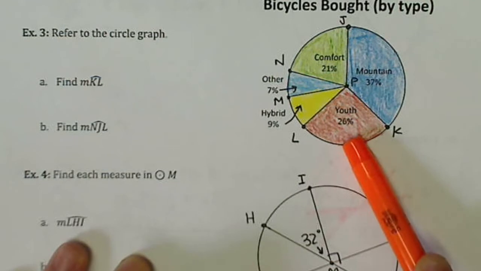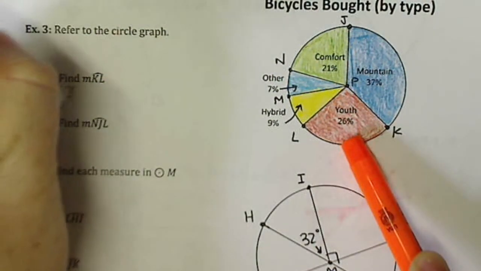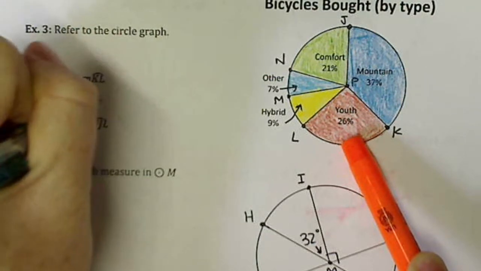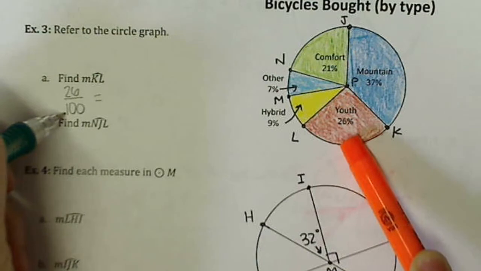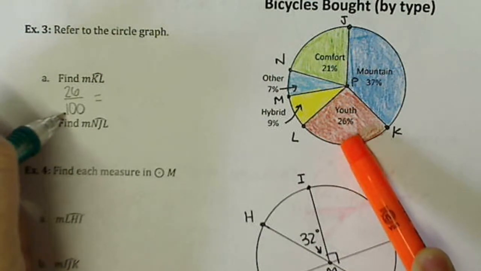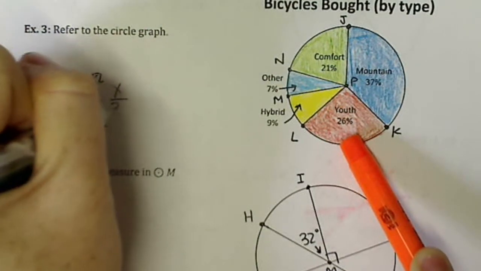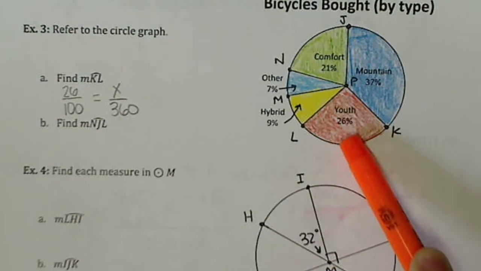Well, I know it's 26% of the circle, so I could set up a proportion, or if you remember how to write an equation, you can do that. 26 over 100, because we're talking about percent, equals x over 360.